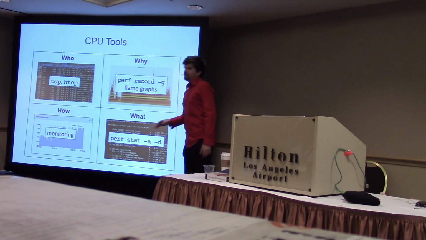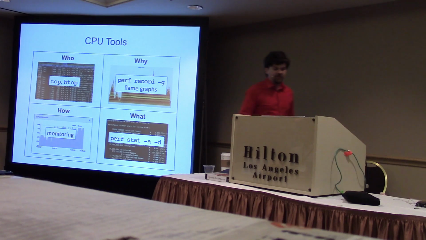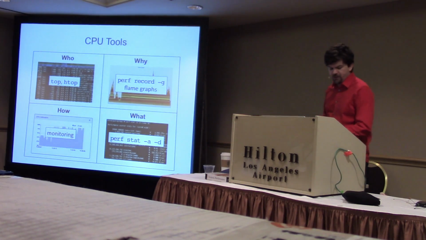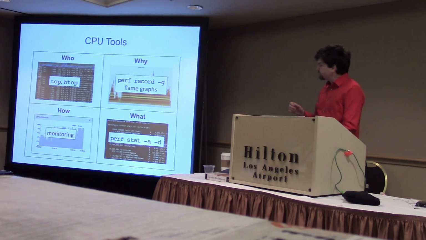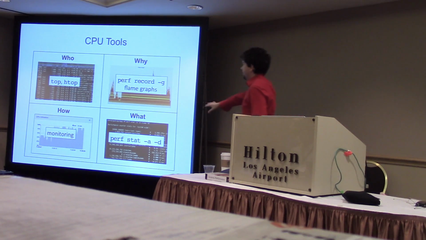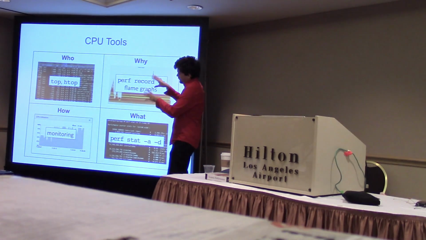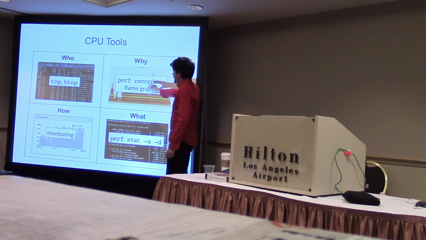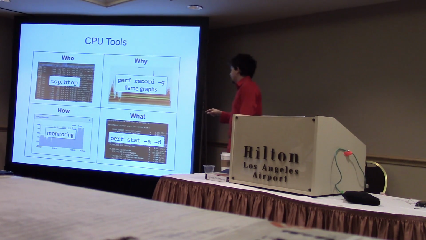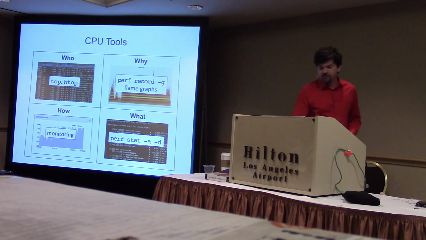And also what? When it comes down to what are the CPUs really doing, what are you asking the CPUs to do? Perf has that capability as well. So Perf, in terms of CPU workload characterization, not just why we're eating CPUs, but also what we're asking, the instructions and the cycles that the CPUs are performing.